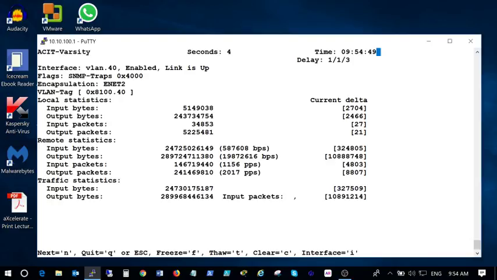So a bit more going on with VLAN 40. But still, just a whole bunch of numbers incrementing on the screen. We can see input bytes, input packets, output packets, our traffic stats. So that gives us a bit of an indication of how busy that particular logical interface is.